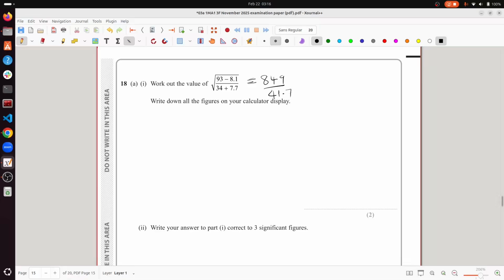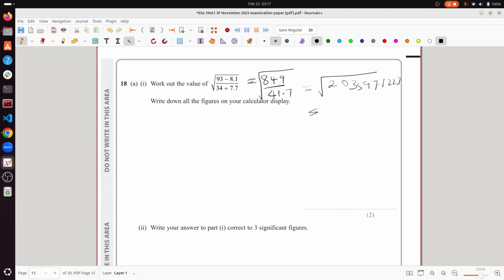41.7. So the next thing we do is 84.9 divided by 41.7, and we have the square root of 2.035971223.